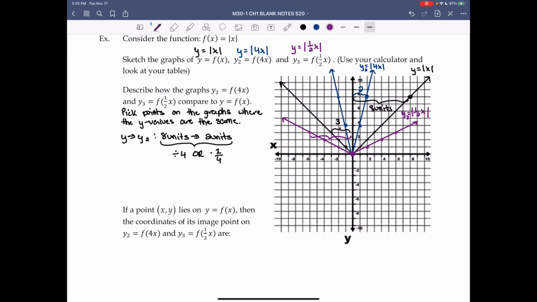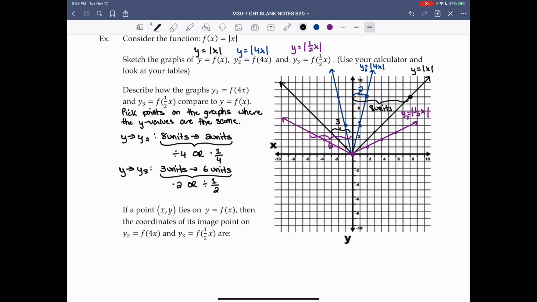So that means this is 6 units away from the y-axis. Then for y to y3, we go from 3 units on the y function to 6 units on y3. That means we had to multiply by 2 to get from 3 to 6, or divide by the reciprocal of 2, which is 1/2.